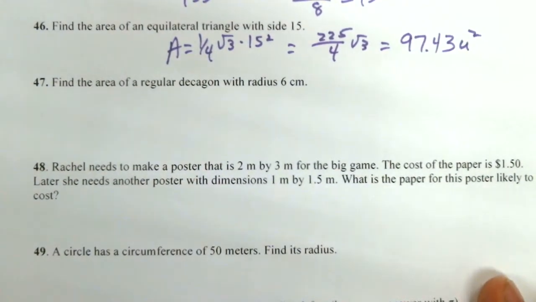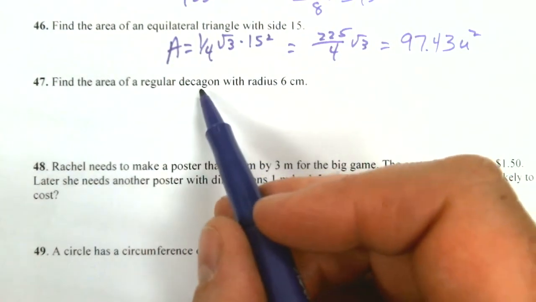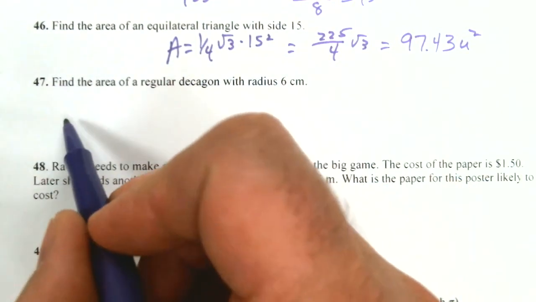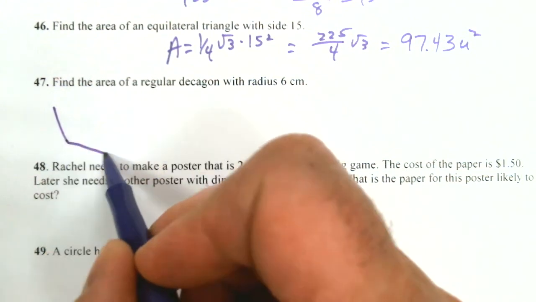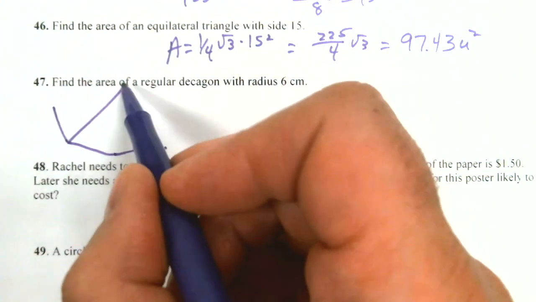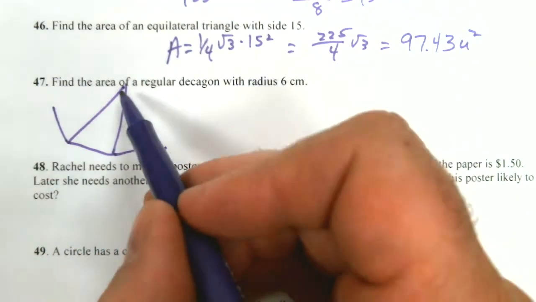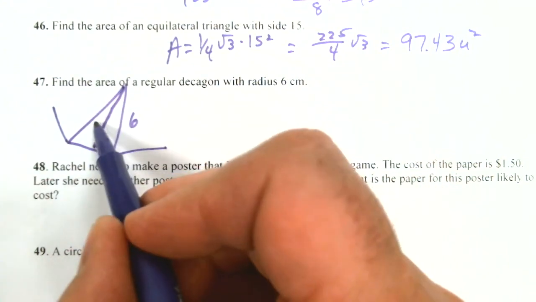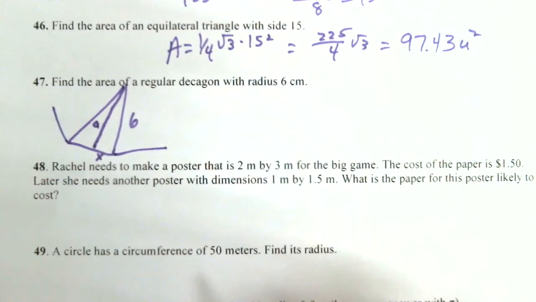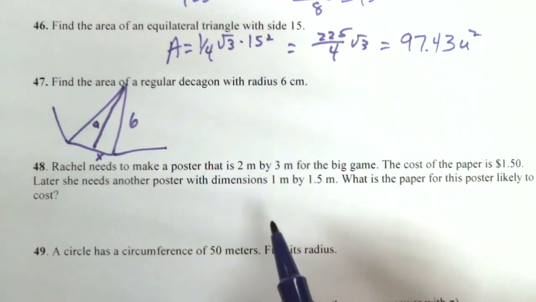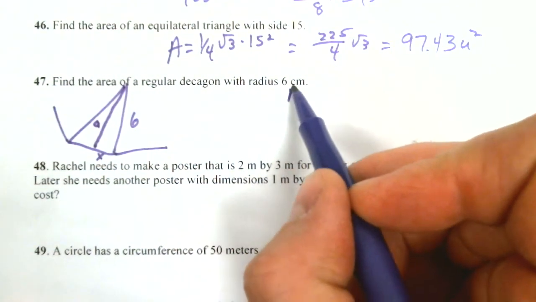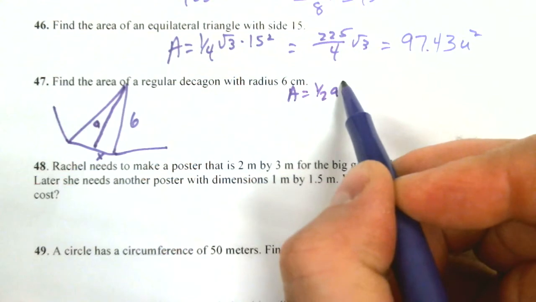Number 47, I am finding the area of a regular decagon with radius 6. Let's see if I can draw how that would look. Each side here is 6, my apothem, and my x. We're going to need to use the area, which is 1/2 the apothem times perimeter.